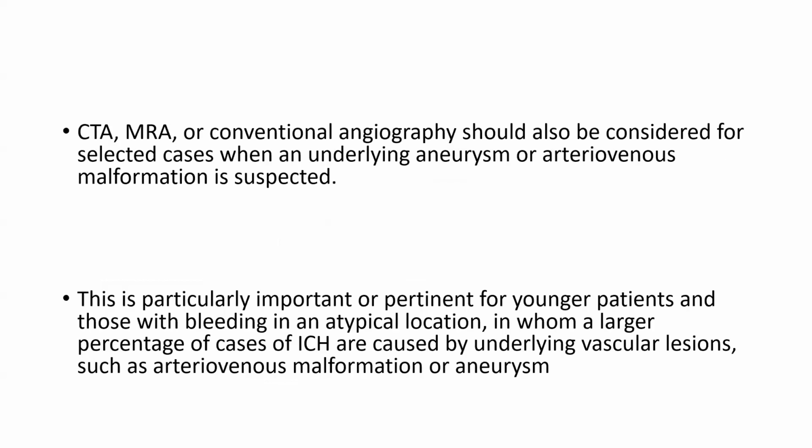CT angiography and MR angiography or conventional angiography should also be considered for selected cases when underlying aneurysm or arteriovenous malformation is suspected. This is particularly pertinent for younger patients and those with bleeding in an atypical location, in whom a larger percentage of cases of ICH are caused by underlying vascular lesions such as AV malformation or aneurysm.